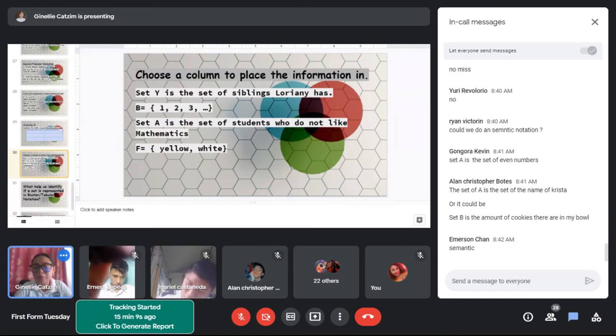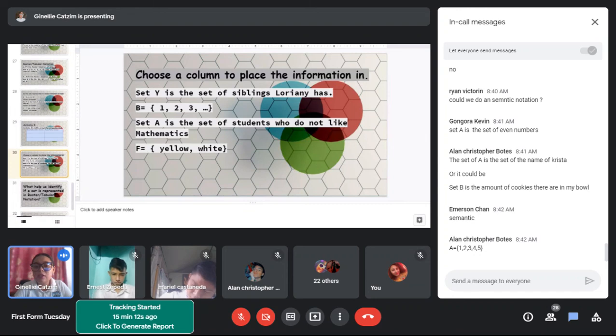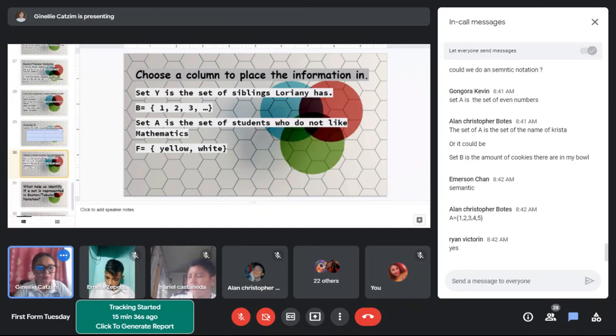So semantic is a set with the description, and raster form is just the elements listed there, separated by commas and enclosed in curly brackets. Is that clear now, Brian? Okay, I hope so. If not, you can always contact me.